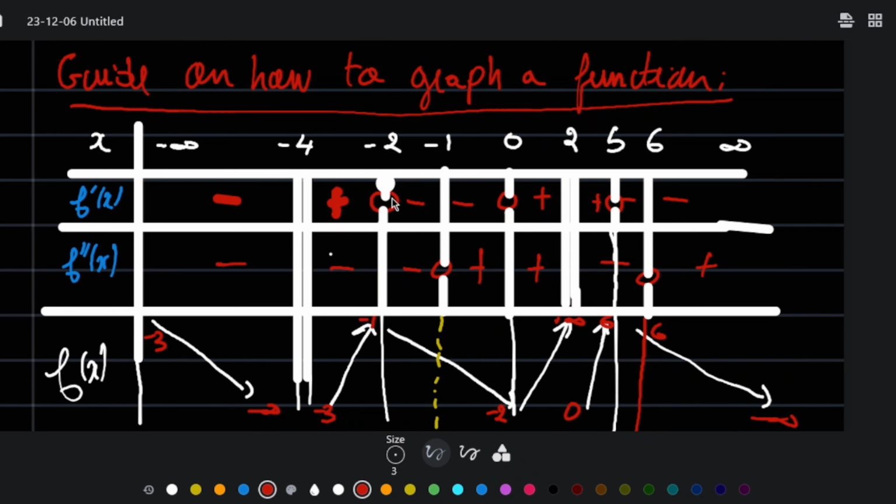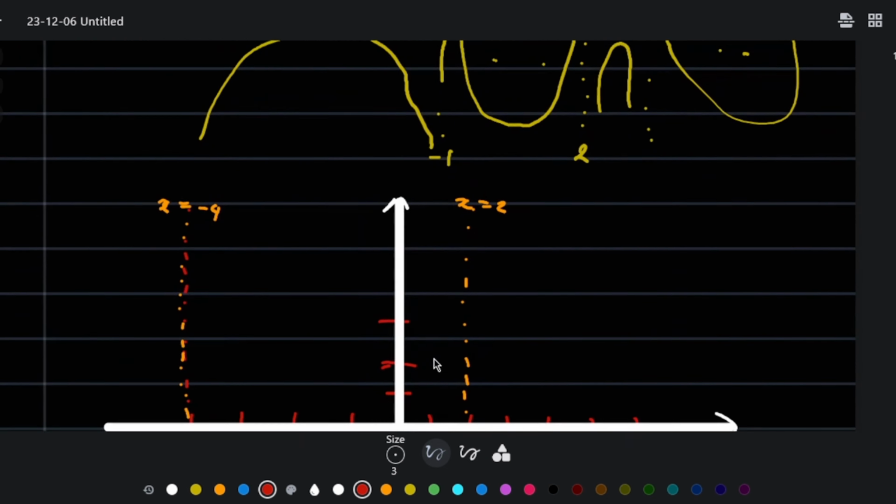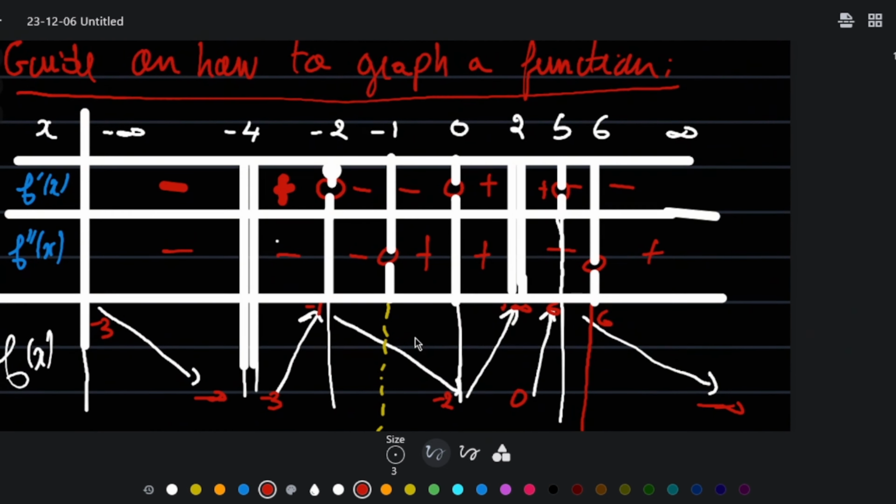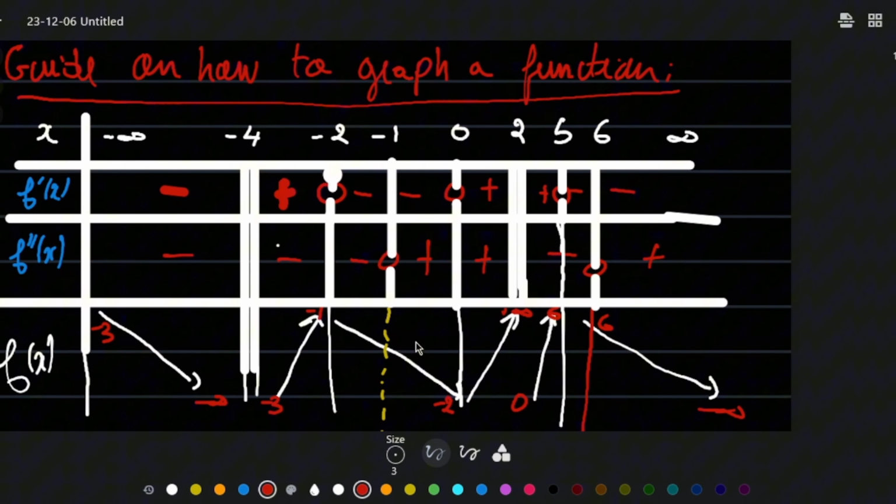But we see that the second derivative here is negative, so this point here is a maximum, and this point here is a minimum, and this point here is a maximum. So let's draw these points. So the first point is -2, which would be a maximum.